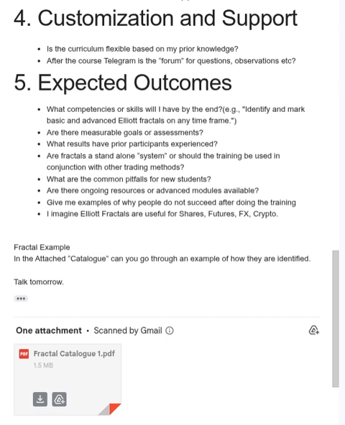Goals and assessments. As long as I stay above 50% win rate. What results have other participants experienced? Neil from London, he was a student of mine, and it took him a little while to catch on, a couple months, 3 months, and at one point he started giving me fractals.